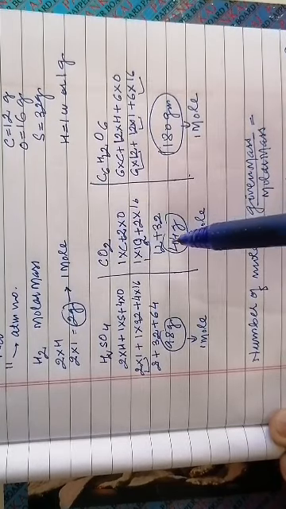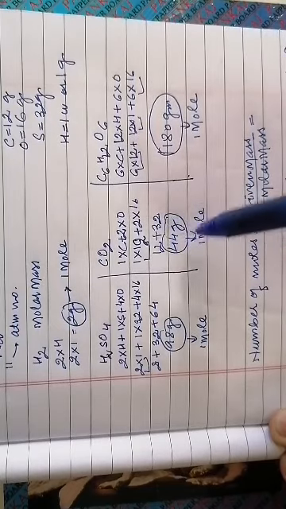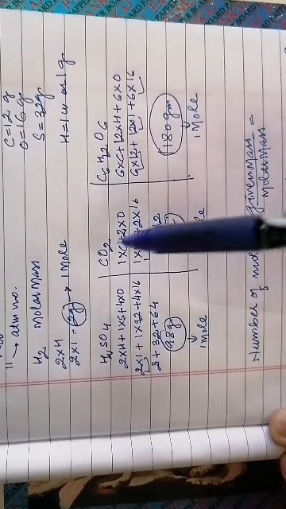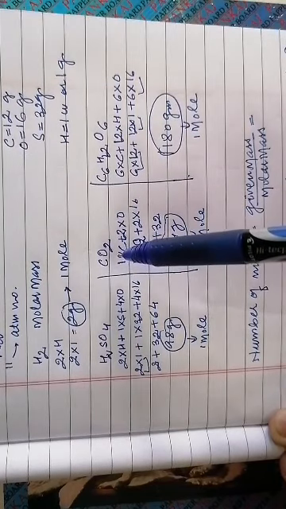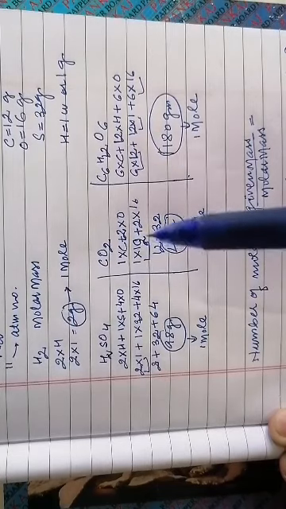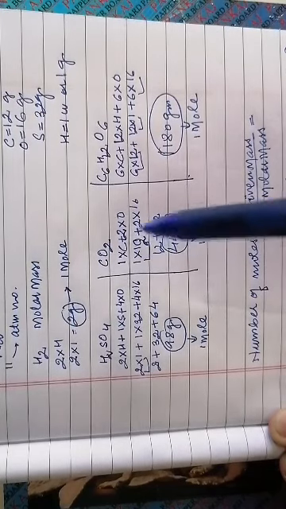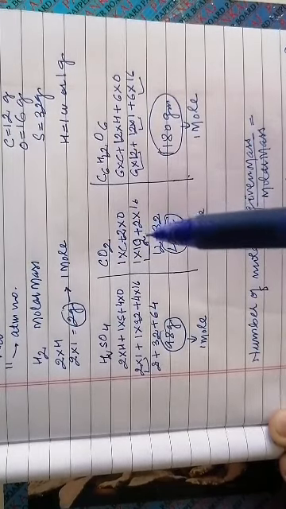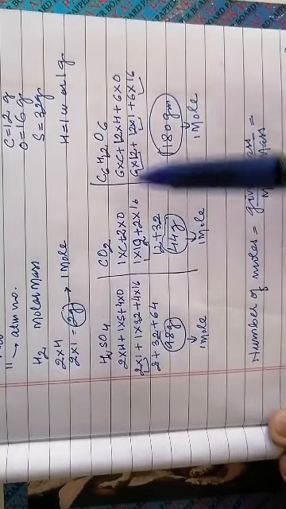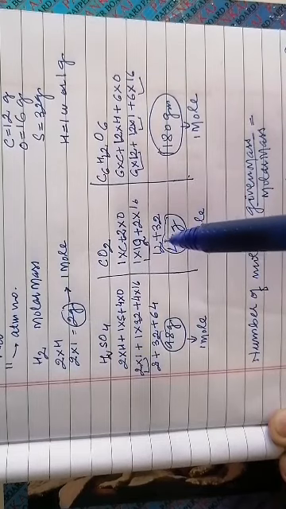And if I have 22 grams, half of it, so I will have half mole of carbon dioxide. So 1 mole, or atomic mass or molar mass, of any element, atom, molecule or compound is fixed.